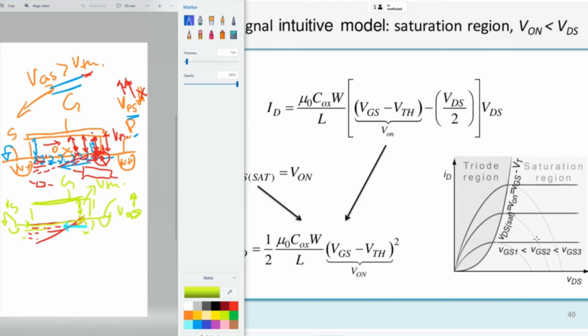So an electron starts from here and enters here, and it's accelerated by this electric field, the drain source electric field. This drain source electric field pulls the electron, and at a certain point the electron will get out from the channel and will be in the depletion region.